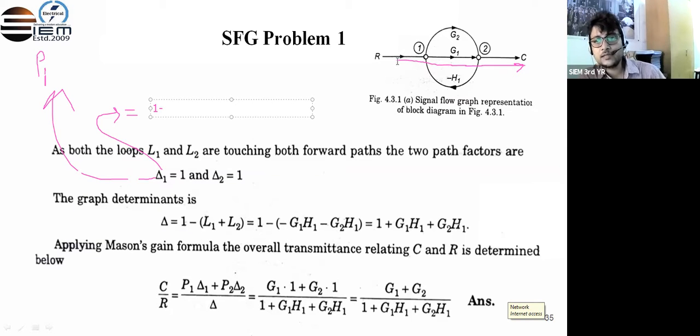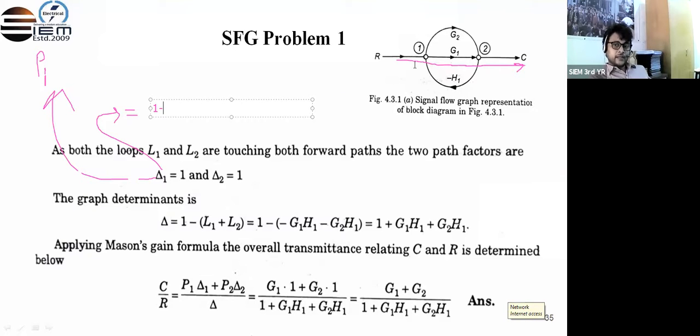Now you see, in this case, there are two loops, L1 and L2. L1 has common nodes y1, y2 and y3 with forward path 1.